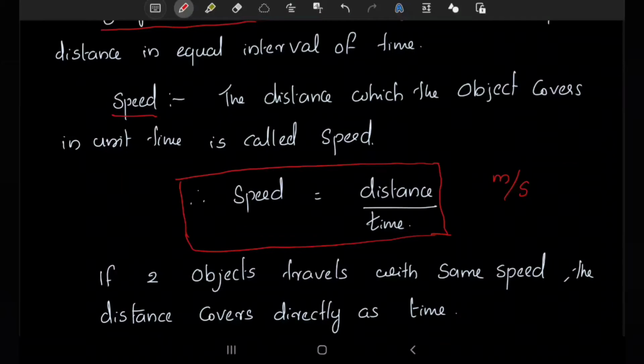You are familiar with all this from your physics chapters. I am just refreshing the ideas for problem solving. The standard SI unit of speed is meter per second.